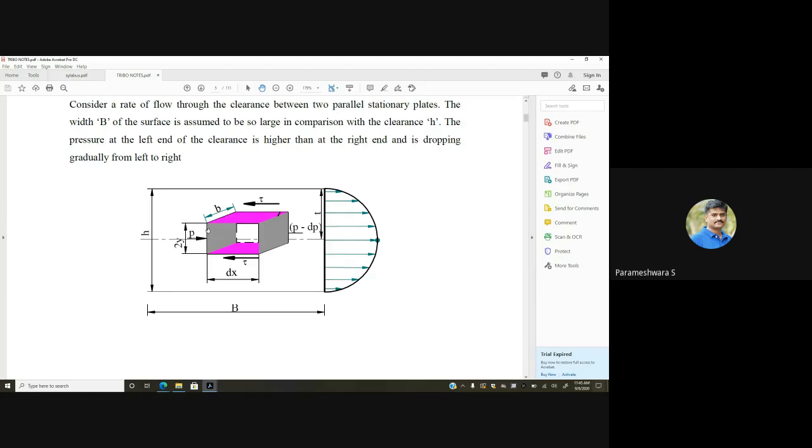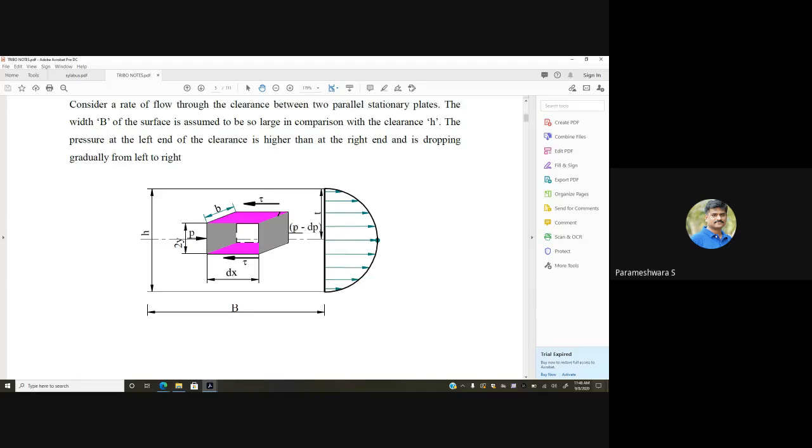For the derivation, I will take a unit fluid element having height 2y, breadth B, and pressure P on the left side. When it comes to the right side, the pressure drops by a value dp.